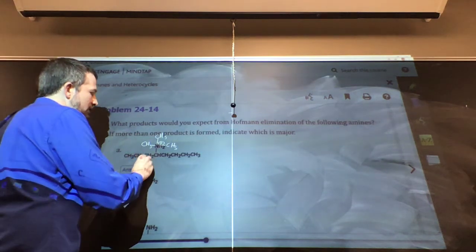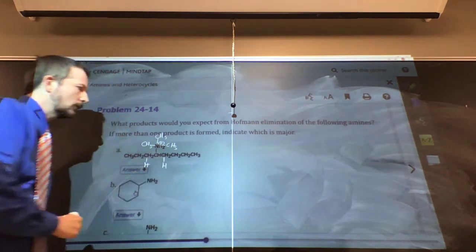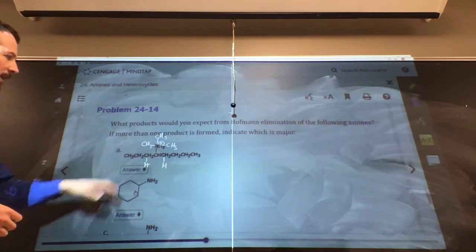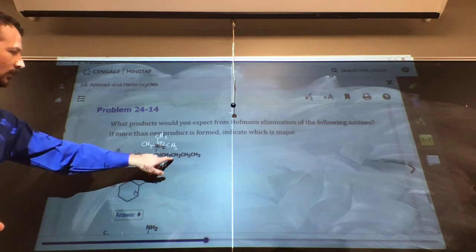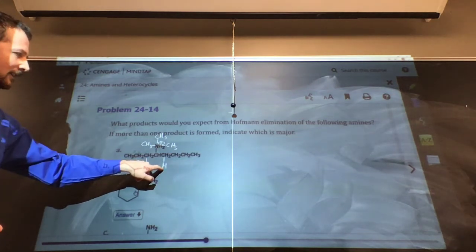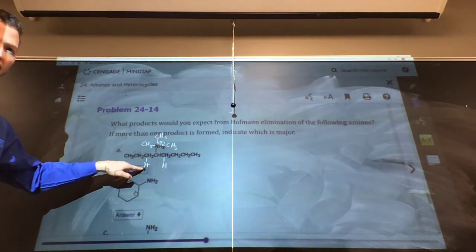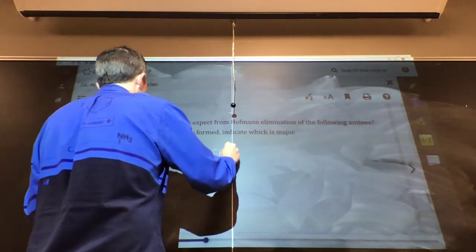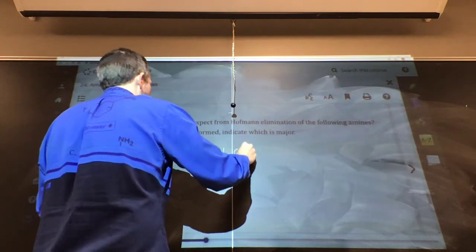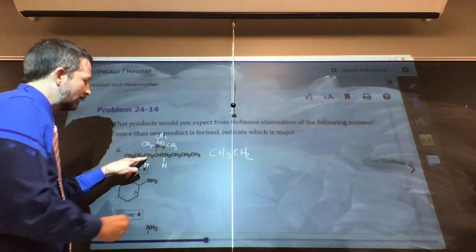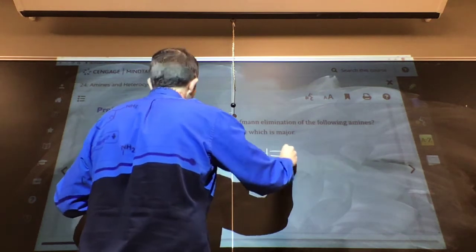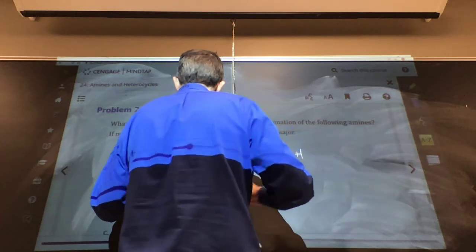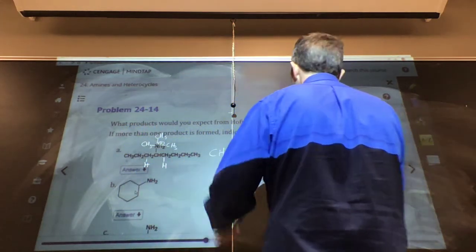Now here I have two adjacent positions. They're probably going to be almost equally likely, because this one's maybe a little bit longer on that side, and so this one may be slightly more sterically accessible, but they're going to be close to the same. If I take off this one, this would be a CH, and then I have 1, 2, 3, 4.